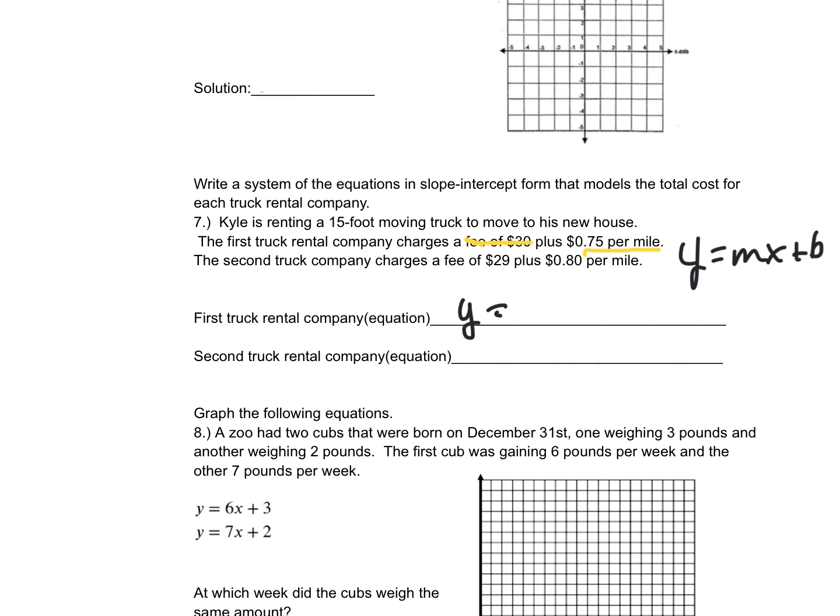y equals, what do you think your slope is? What changes? Our 75 cents per mile changes because we're going to be driving additional miles. And our fee, let me rewrite this. That was a mess.